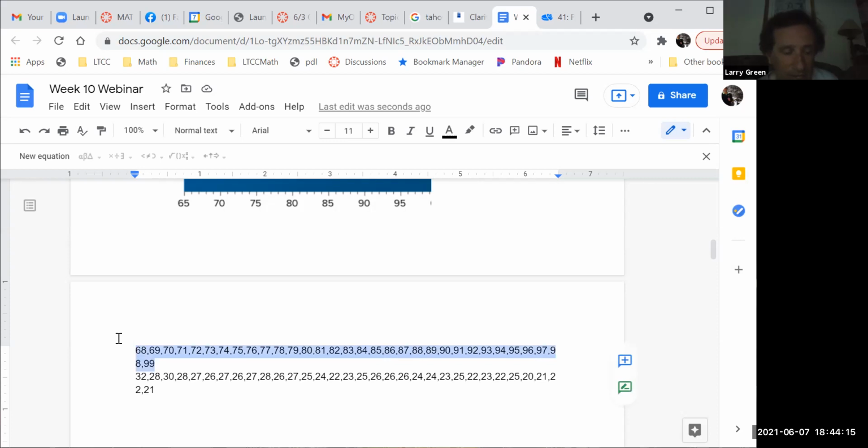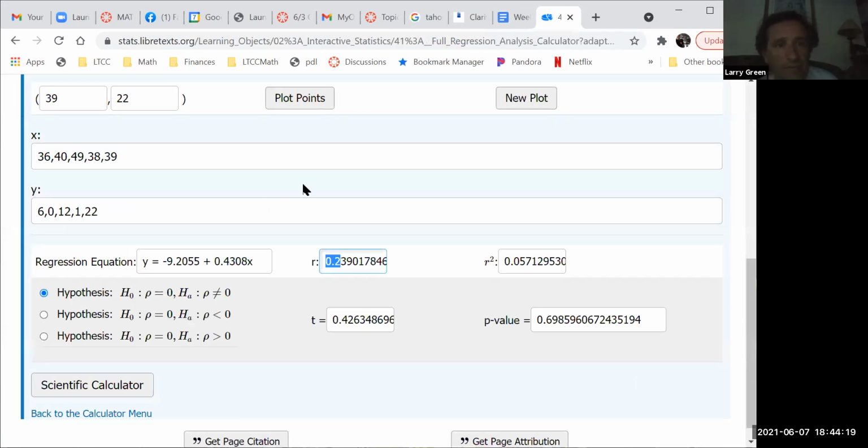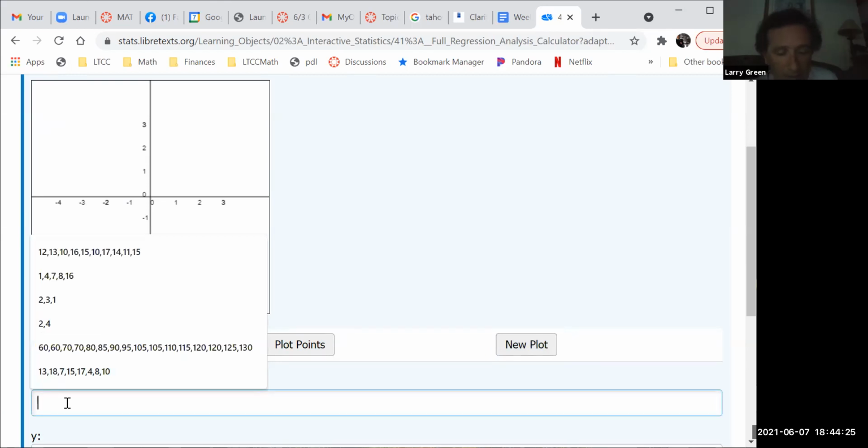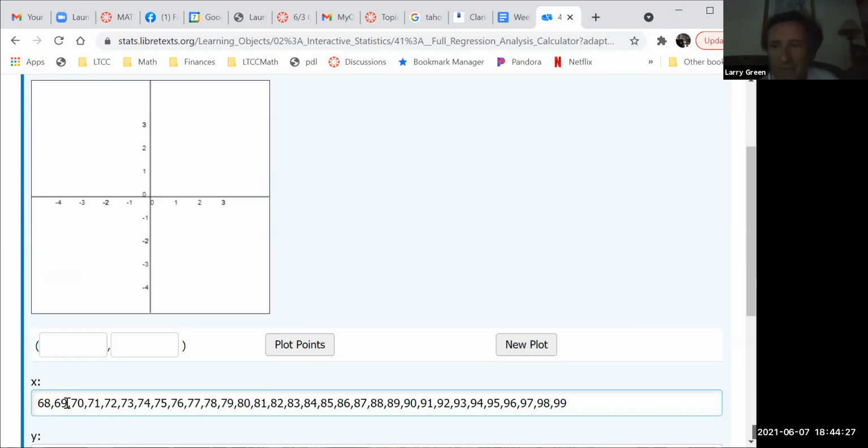And what I'm going to do is copy, go into the calculator, and hit new plot so we can start over again. I'm going to paste and let the year be the x. You always have to decide which is independent and which is dependent. We're trying to guess clarity based on year. You're not trying to guess year based on clarity.